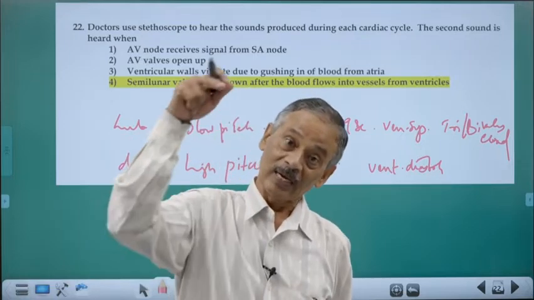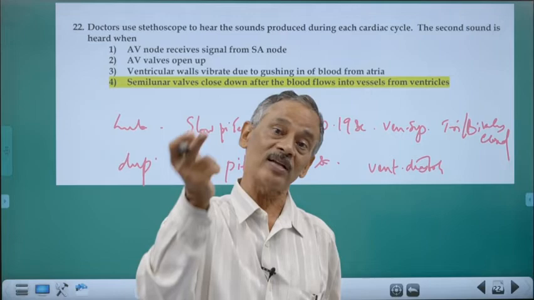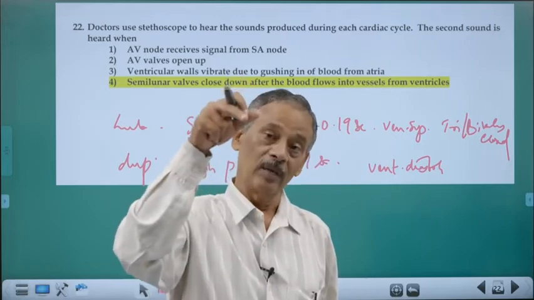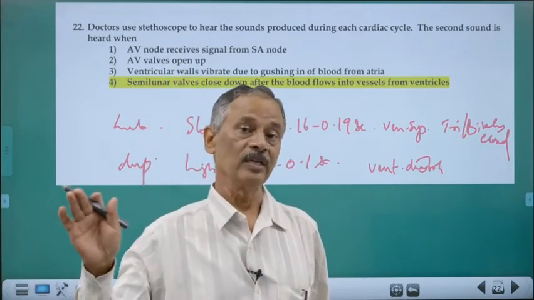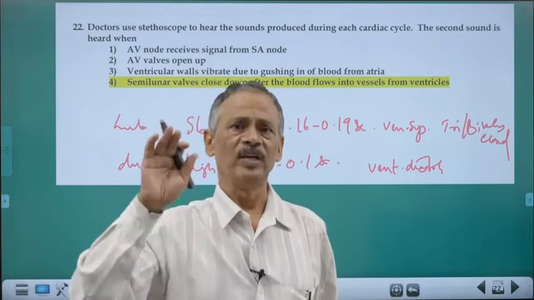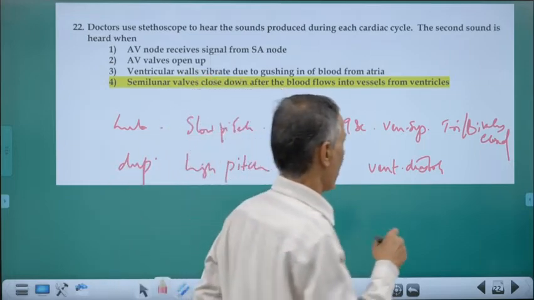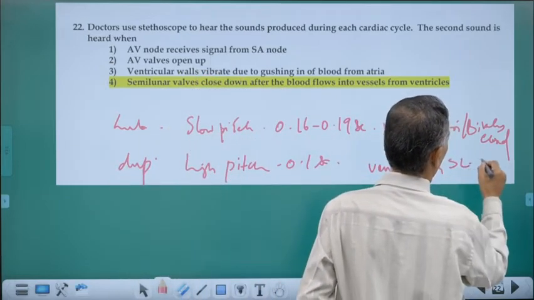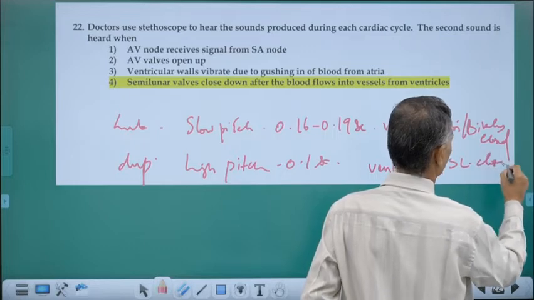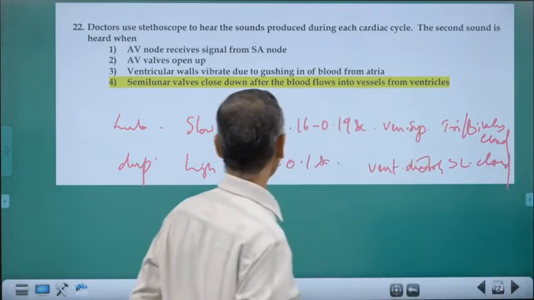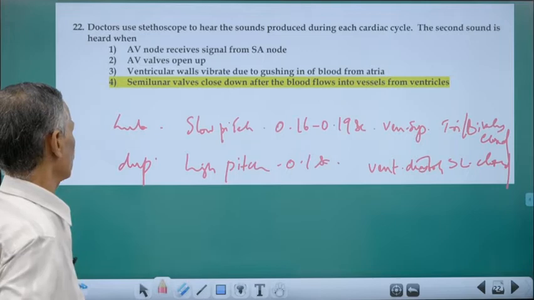It was the high pressure that caused the semilunar valves to open. Now that increased pressure is decreasing. Now the valve is closed. Semilunar valves, they are all closed. That is the reason for the second sound.